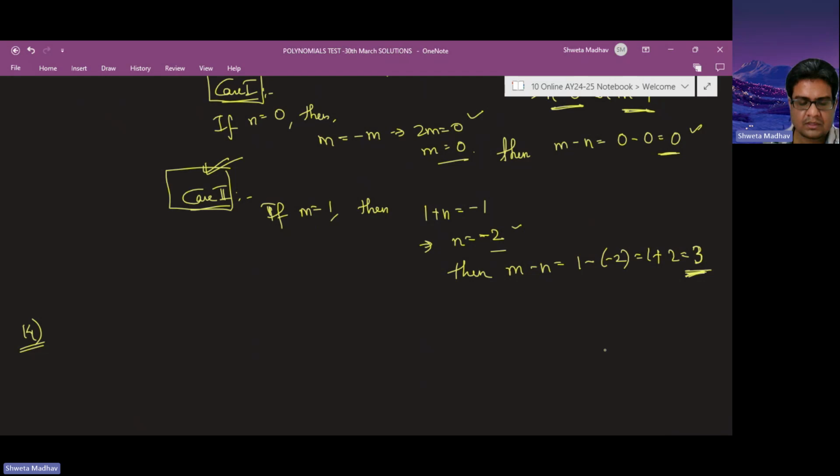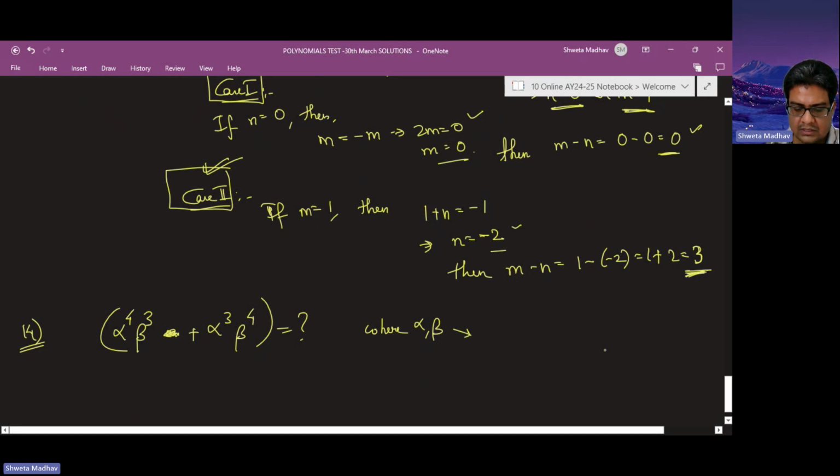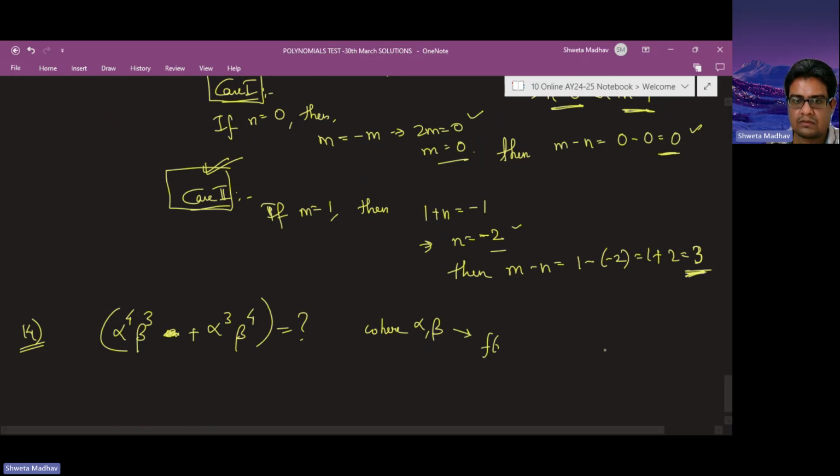So find the value of alpha power 4 beta power 3 plus alpha power 3 beta power 4. This value we have to find out, where alpha and beta are the zeros of the quadratic polynomial f of x, which is x square minus 4x plus 3.